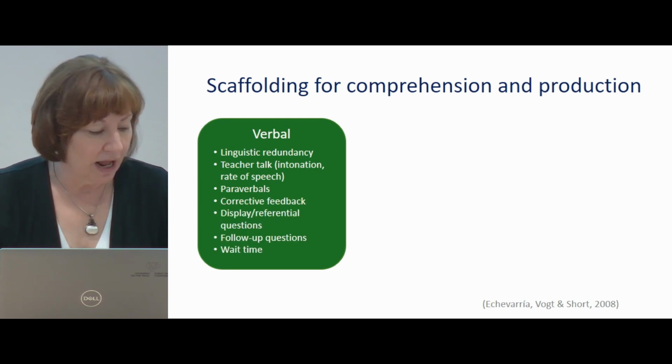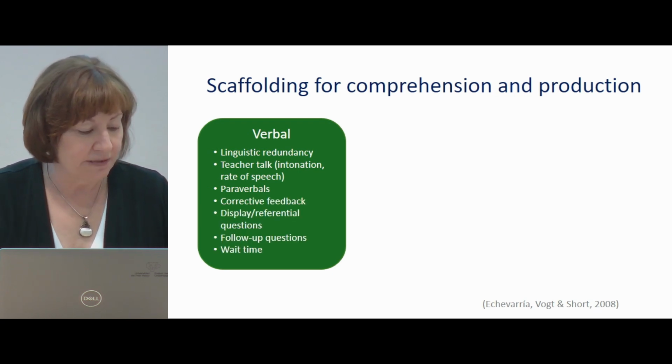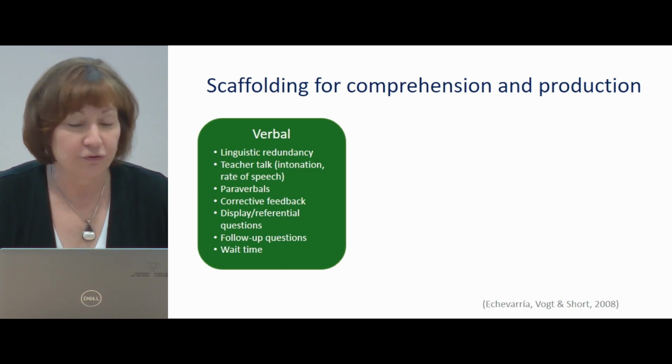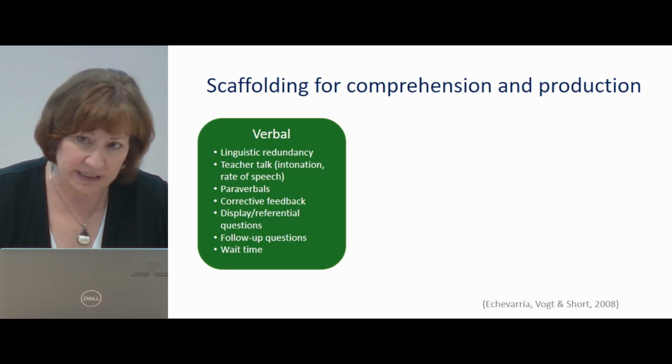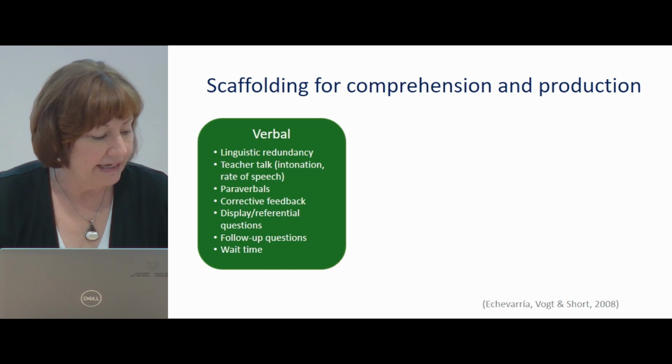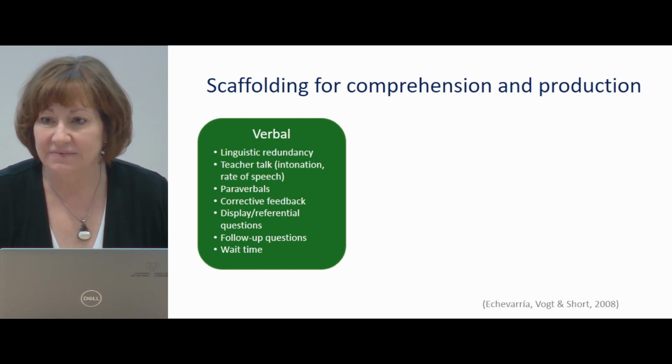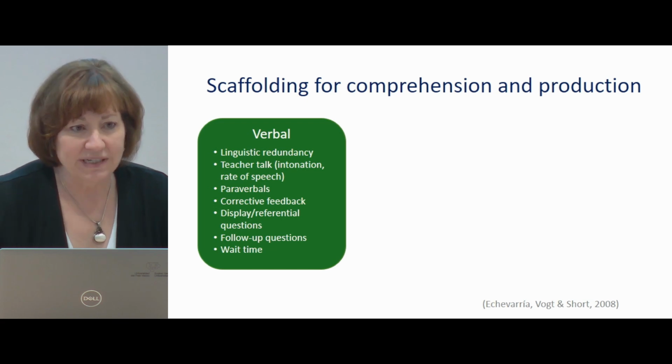Verbal scaffolding for production aims to promote learning and to facilitate student language production during student-teacher interaction. It includes a variety of corrective feedback types, as well as a balance of display and referential questions.